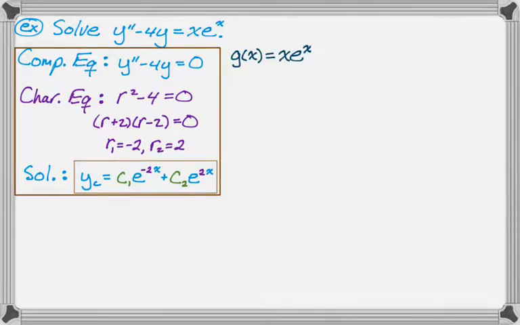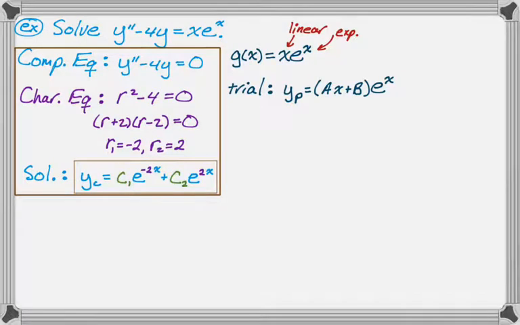So for our trial, we have a linear and an exponential, so we're going to just multiply a linear and an exponential. y sub p is going to be our generic linear, ax plus b, and our generic exponential, which in this case we're just using e to the x.